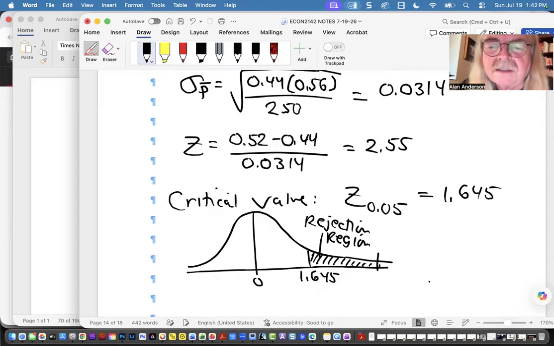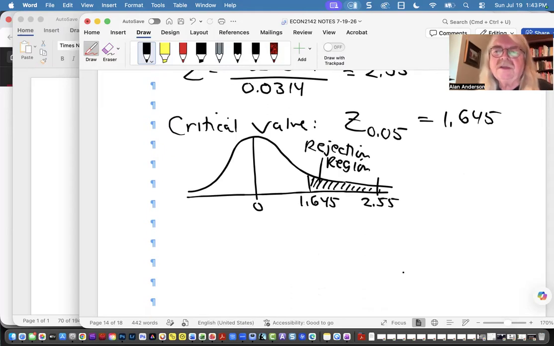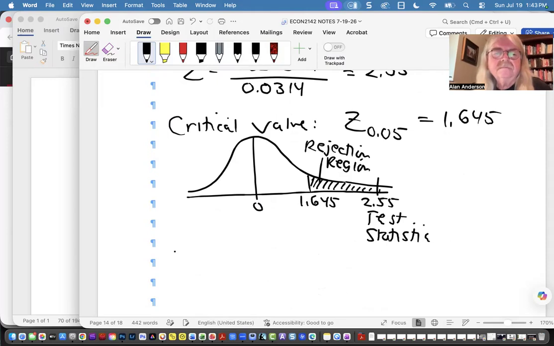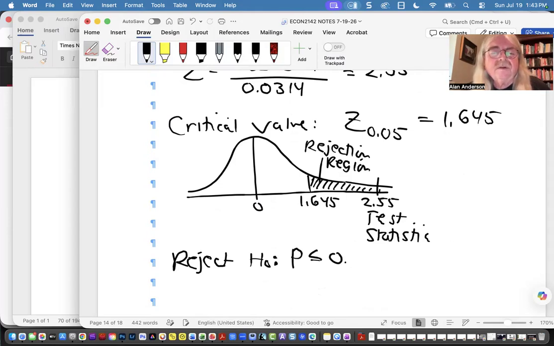But our test statistic is way out in the right tail, 2.55. It's really not even close. So, of course, that means we reject the null, that the proportion is less than or equal to 0.44.